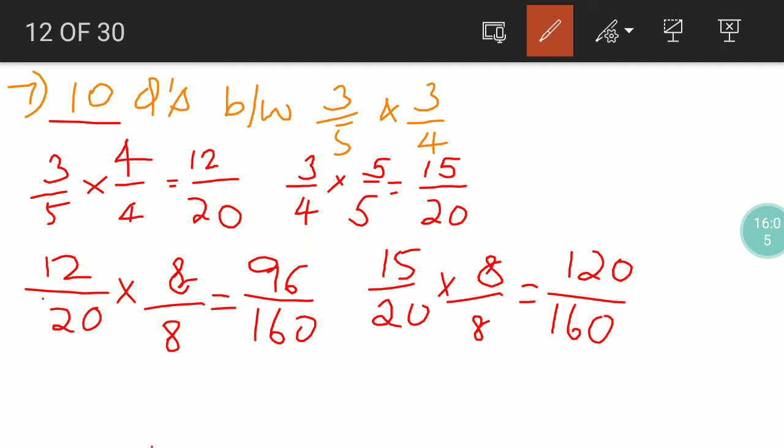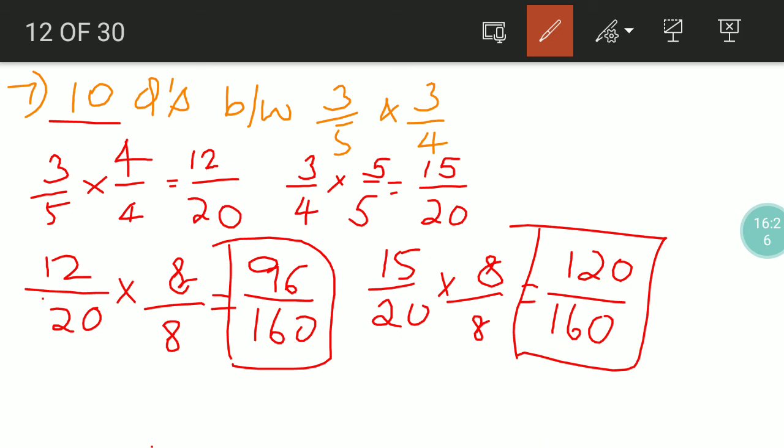So n plus 1, if you do also, it is correct only, it's not wrong. Then you will get different answers. So in this exercise, you will get different numbers when you are finding numbers between them. Because there are infinite rational numbers between 1 and 2 also, right? So this is the thing, that 96 by 160 and 120 by 160. How many are we having? Many, right? So let's utilize some of them. I'll write on the next sheet.